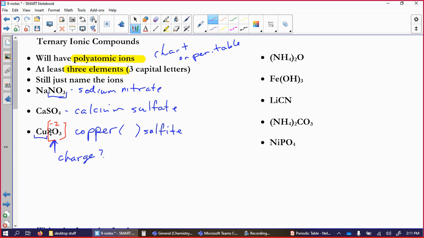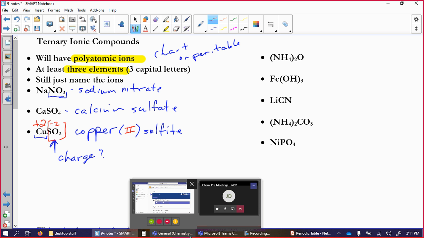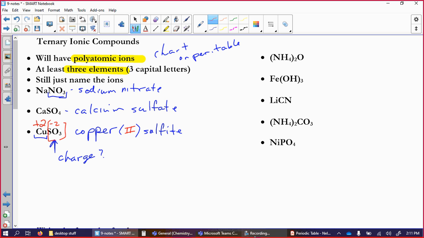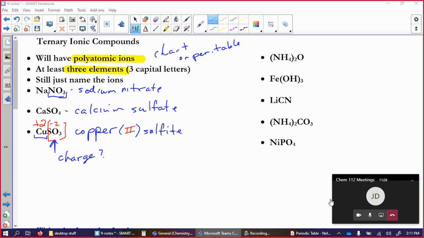So if the sulfite is -2, the copper on its own has to be the balancing charge, +2. It's the same thing as if that was copper oxide: we know the oxide is -2, there's 1, so the copper has to be +2. Same idea, but we have to worry about the polyatomic ions. So far, so good.